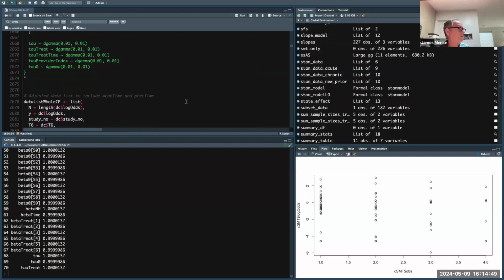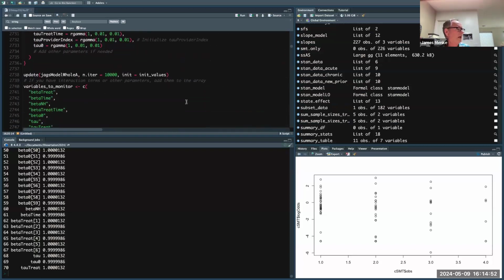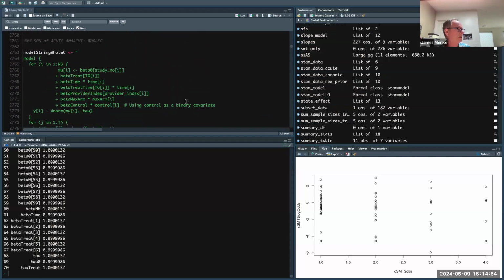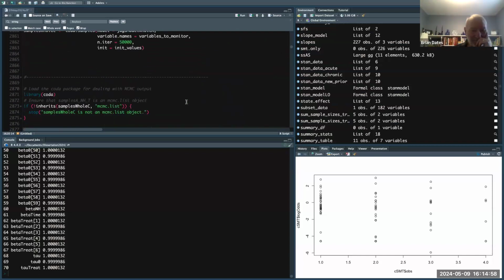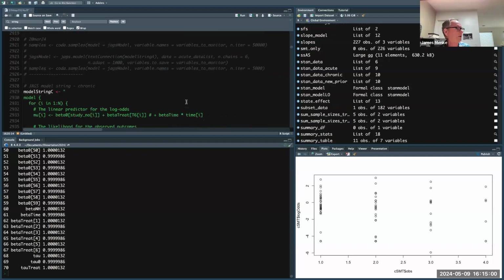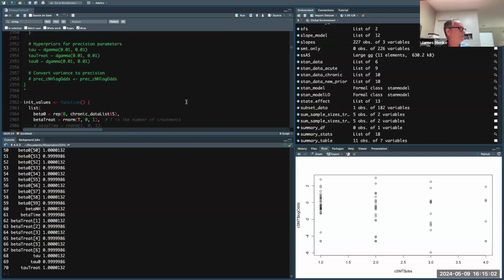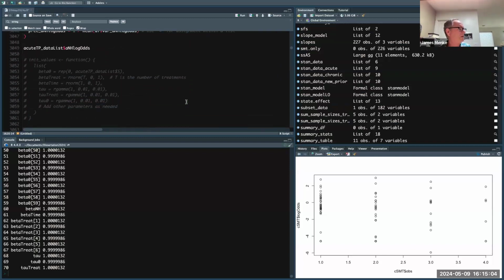And I have one that I call a kitchen sink here. But the bigger the model, the more that can go wrong.